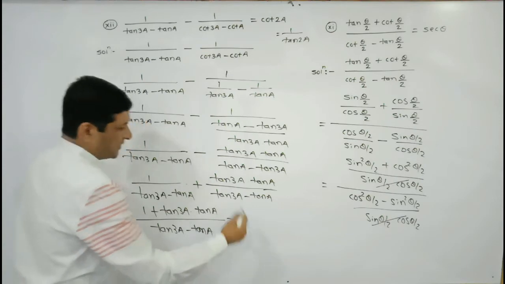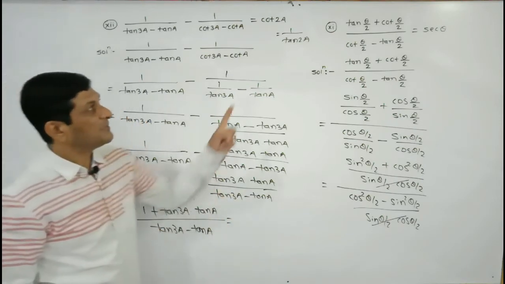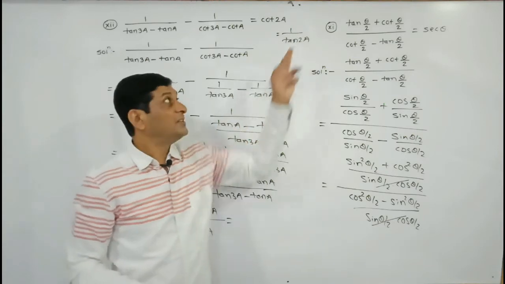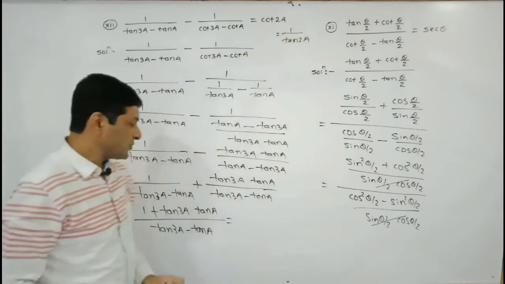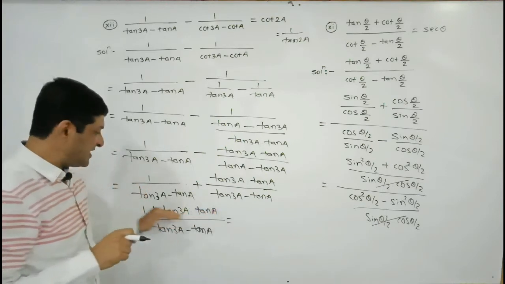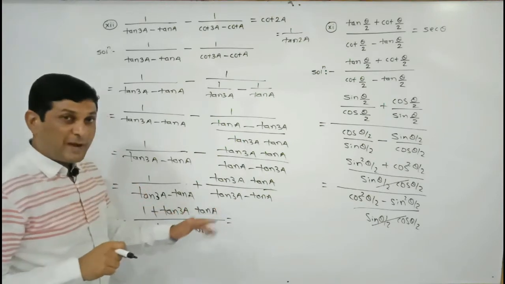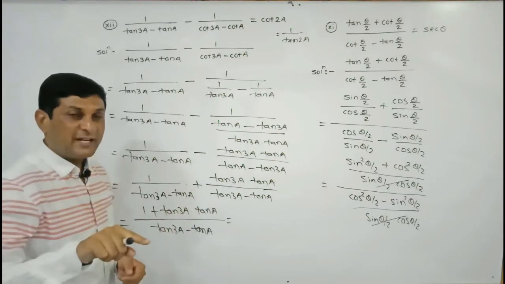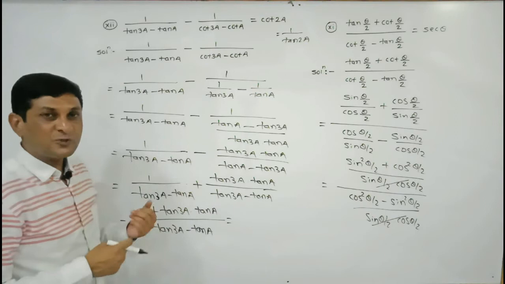So which is equals to, just now we have seen that to get our required result, in the denominator we require tan 2a, and in the numerator 1. Means to get 1 in the numerator, we have to divide the numerator by the same expression, means by 1 plus tan 3a into tan a, and if we are dividing the numerator, we have to divide the denominator also by the same term.